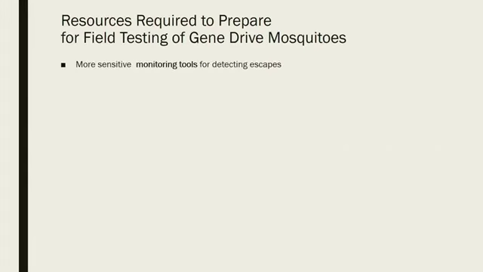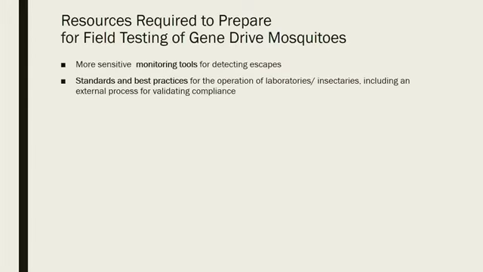So what are the resources? What do we need to make this work? More sensitive monitoring tools for escapees, standards and best practices, information and data sharing, support for risk assessment, and really thinking through what is required.